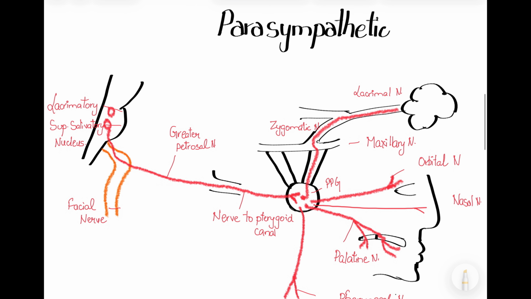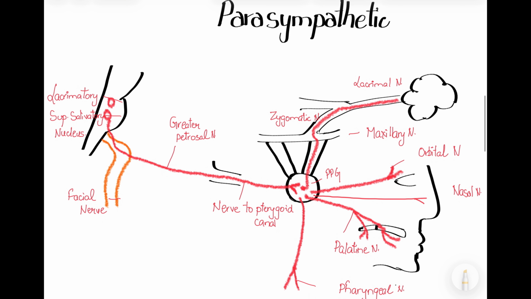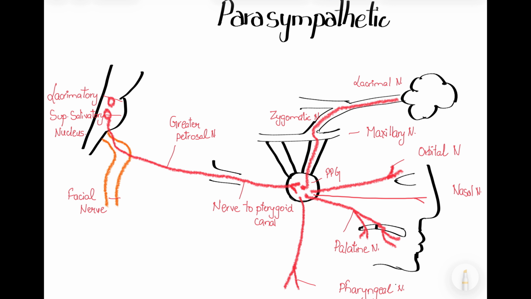The fibers of the parasympathetic root arise from two nuclei, the lacrimatory nucleus and the superior salivatory nucleus, which are located in the pons region. The fibers descend through a part of the facial nerve, the nervus intermedius.